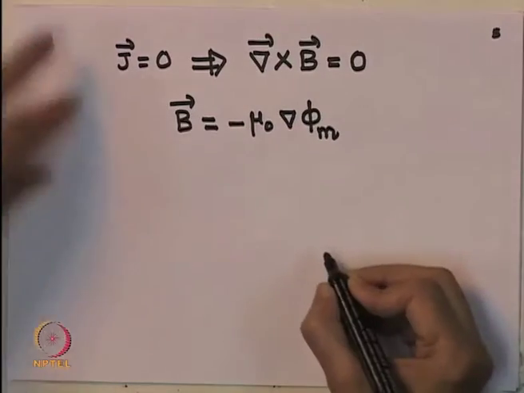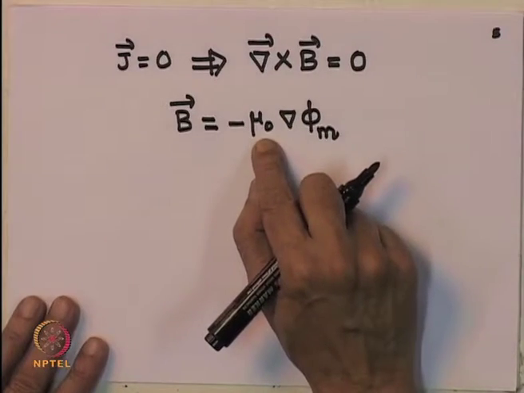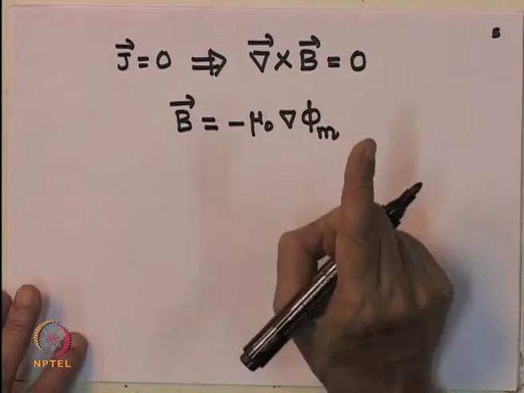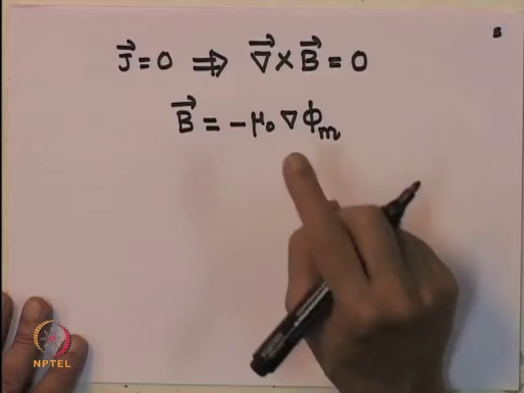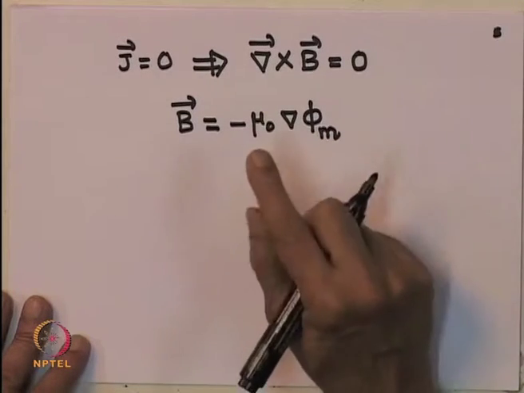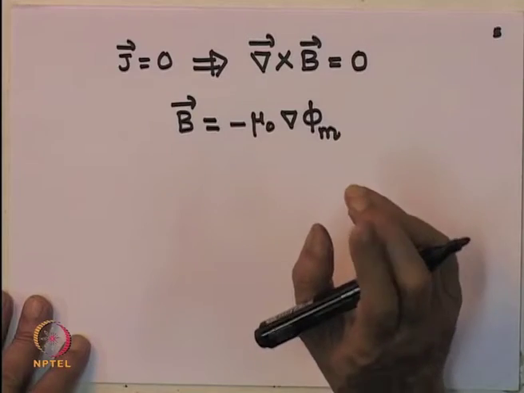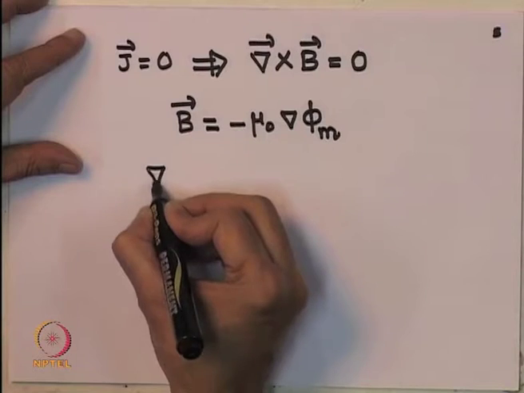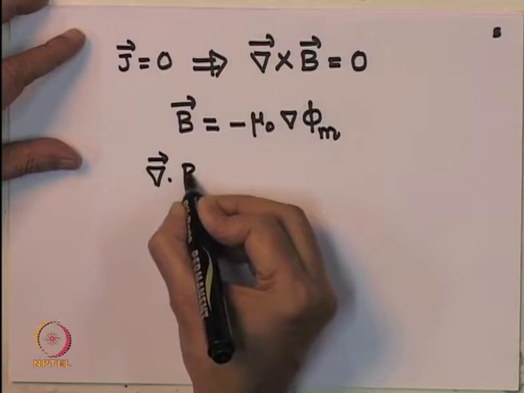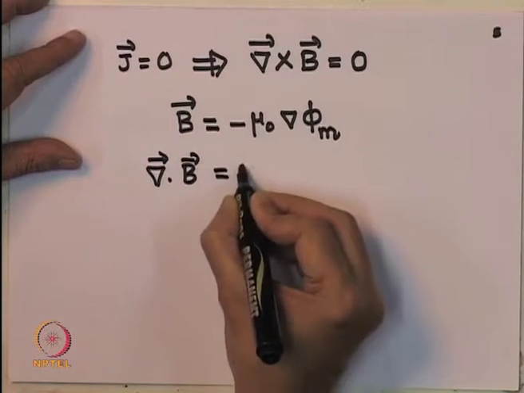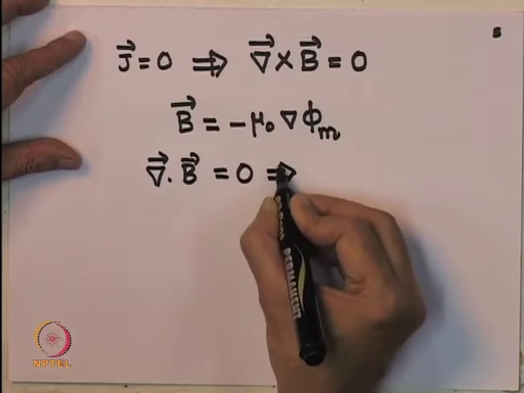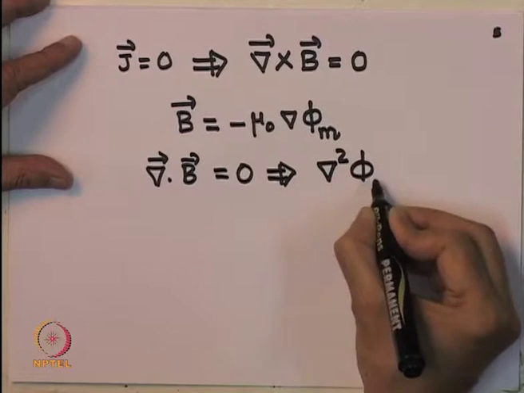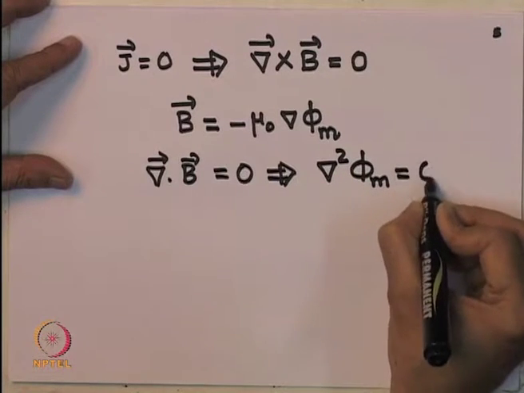For dimensional reasons, I put in a mu 0 there, and I retain the minus to have similarity with electrostatics, where we had defined the electric field as minus gradient of the potential. So, therefore, del dot B equal to 0, the Gauss's law, implies that the scalar potential satisfies a Laplace equation, del square phi m equal to 0.